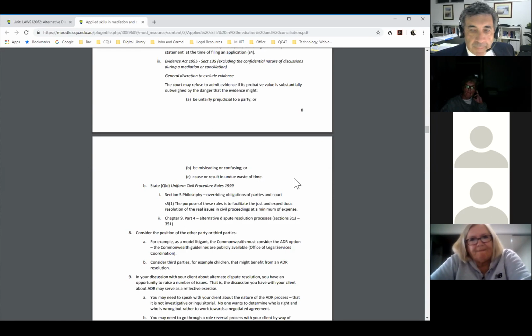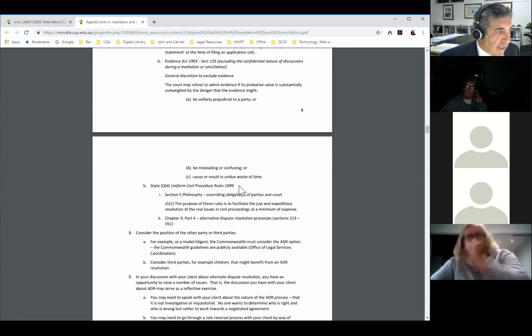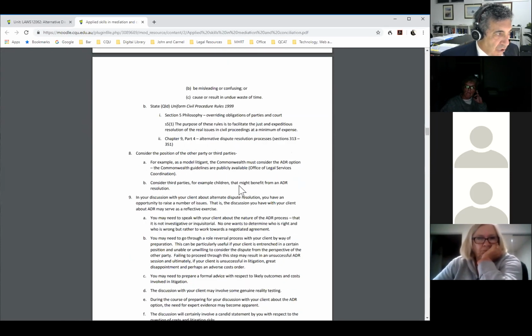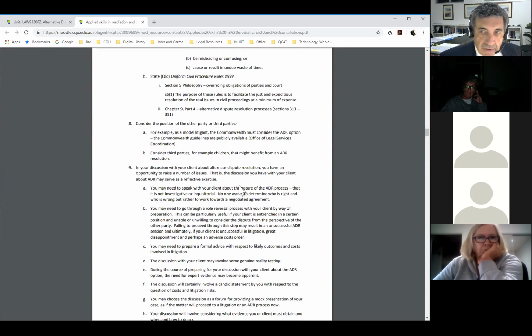And there's some statements there about when the court may refuse to admit evidence in certain circumstances or allow for some introduction of evidence in other circumstances to resolve issues of something that might be misleading or confusing.